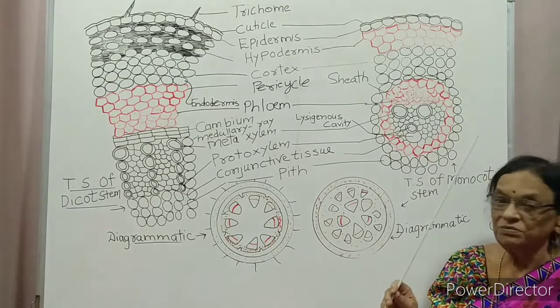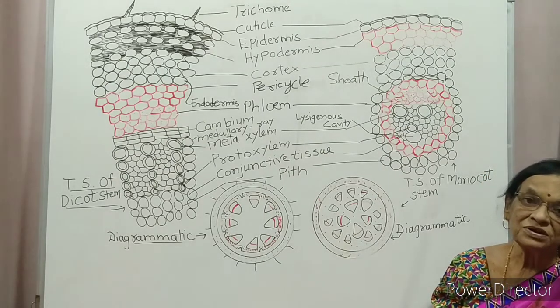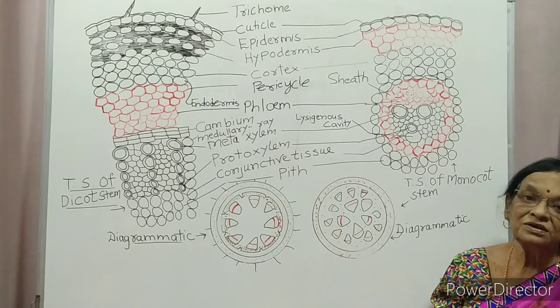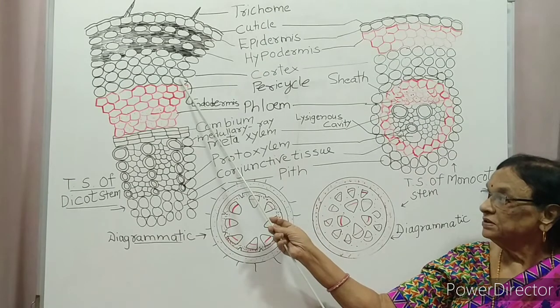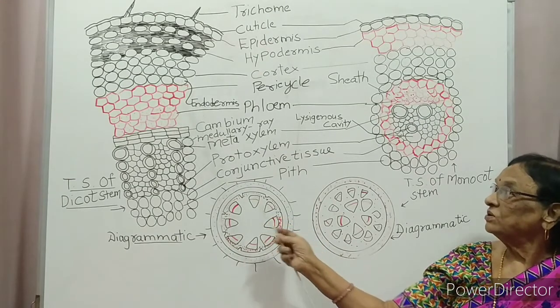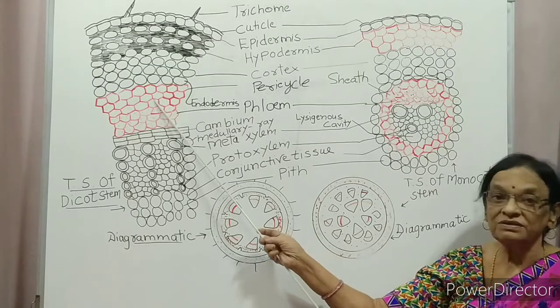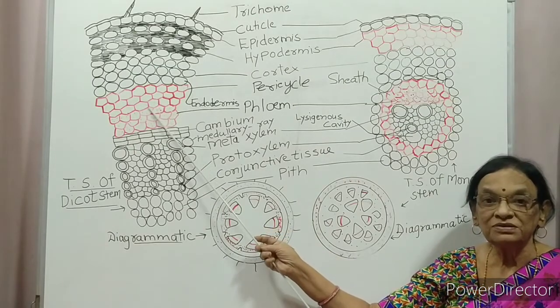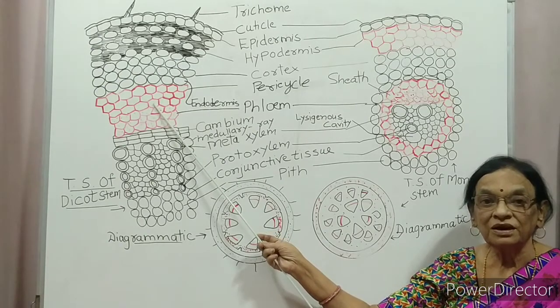Below the endodermis is the layer where the pericycle is situated. So after the endodermis, this layer is called pericycle. Pericycle has alternate patches of parenchyma and sclerenchyma.